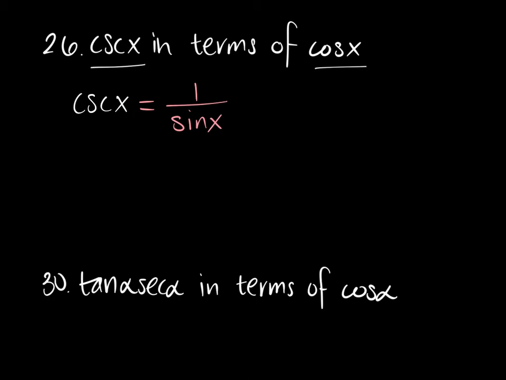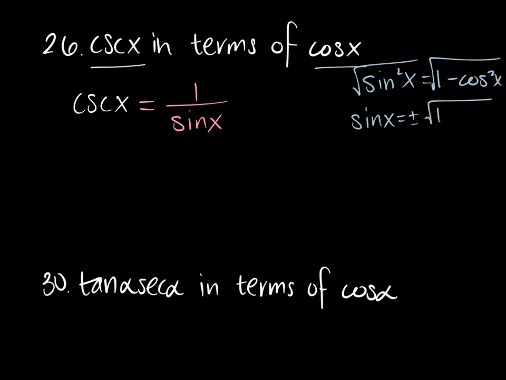Now here's where we hit a snag, because we don't have an identity that solves only for sine x, but we do have an identity that says that sine squared x is equal to 1 minus cosine squared x, right? So what we can do is take the square root of each side, and so we get sine x is equal to plus or minus square root of 1 minus cosine squared x. And so we did just solve for sine x.